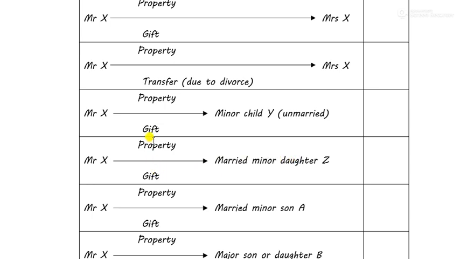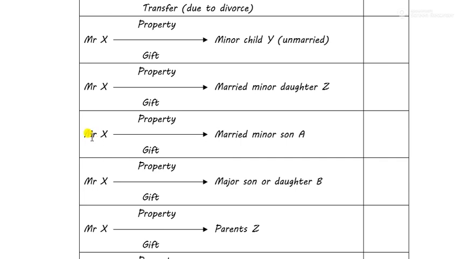So he has given his property for inadequate consideration, but given to whom? To married minor daughter. So this is an exception. If the minor child is married, then he or she will be considered as the owner of the house property. So here Mr. X is not the deemed owner.